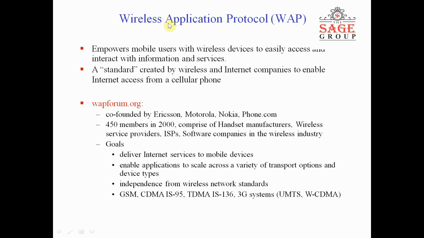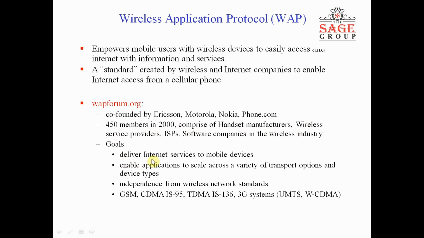What is WAP? WAP is Wireless Application Protocol, which empowers mobile users with wireless devices to easily access and interact with information and services. A standard created by wireless and internet companies to enable internet access from a cellular phone. The WAP Forum designed WAP. There are 450 members in 2000, companies that manufacture wireless devices, service providers, ISPs in industries.